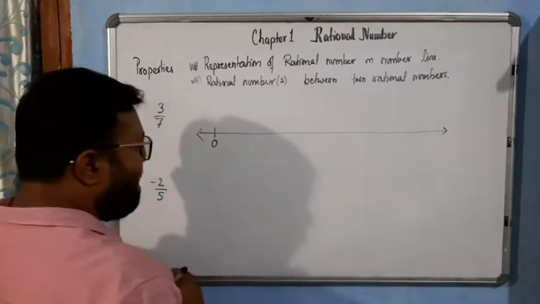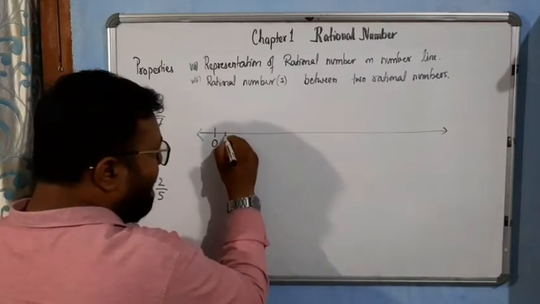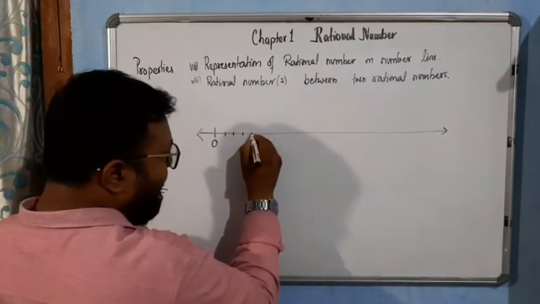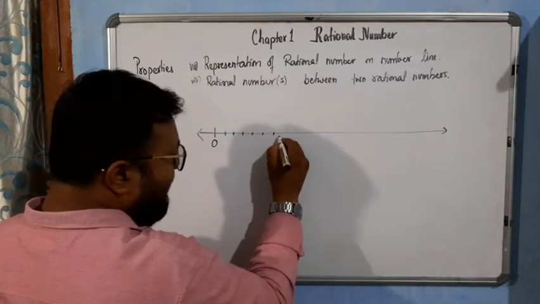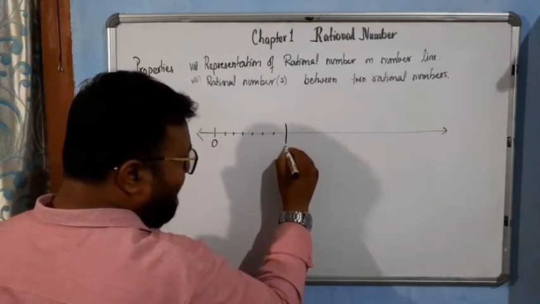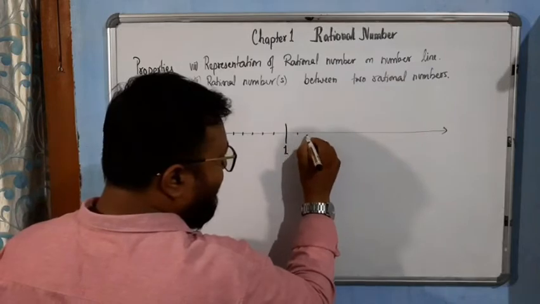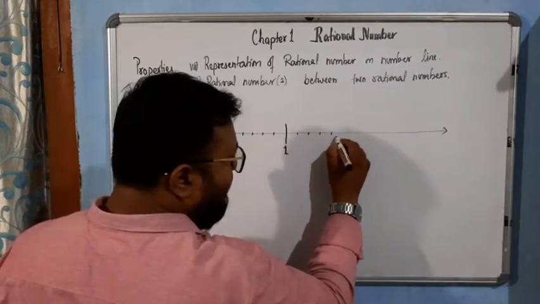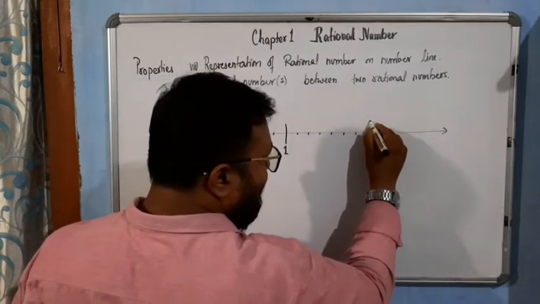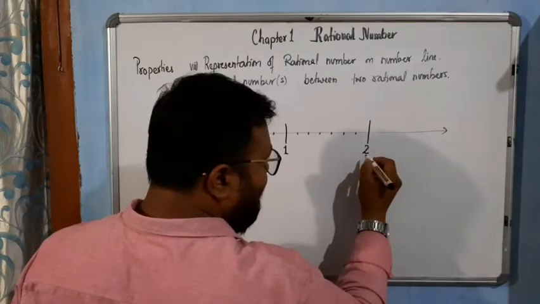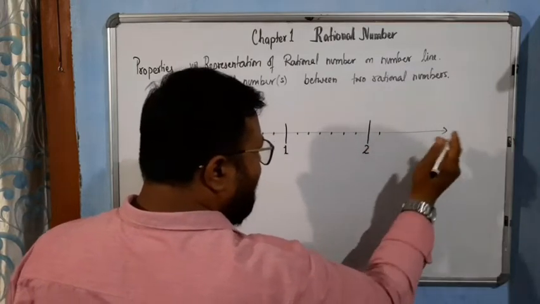Let's see how we do it. 0, then 1, 2, 3, 4, 5, 6. On 7 we will have our 1. Again 1, 2, 3, 4, 5, 6. On 7 we will have our next unit 2. In this way we will move on.